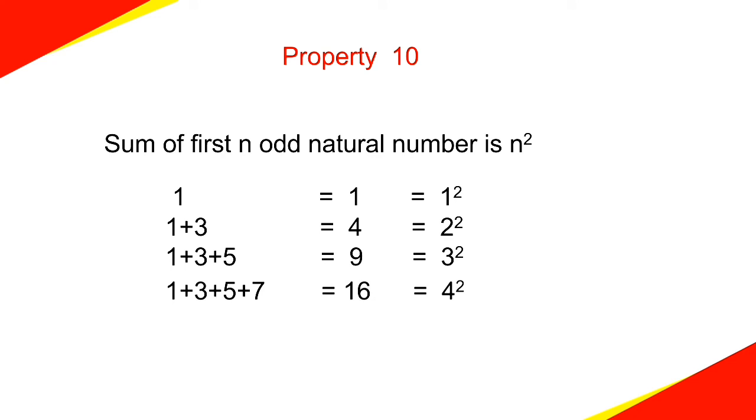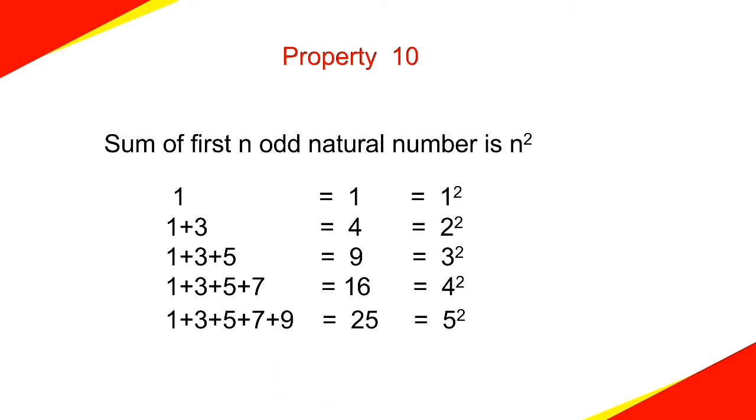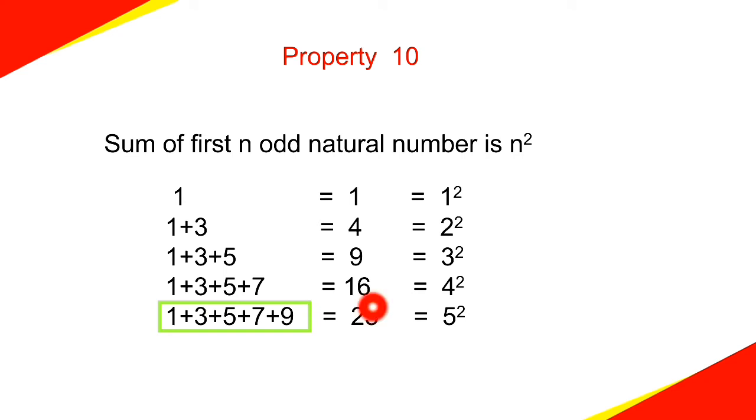Now we can see one more, 1 plus 3 plus 5 plus 7, which gives 16, a perfect square of 4. Here we can see one more, 1 plus 3 plus 5 plus 7 plus 9. If you add this we get 25, which is a perfect square of 5.